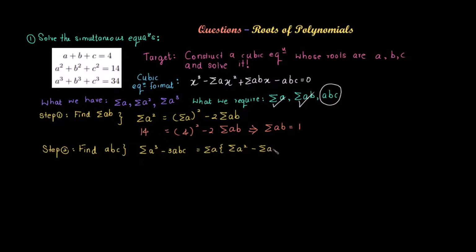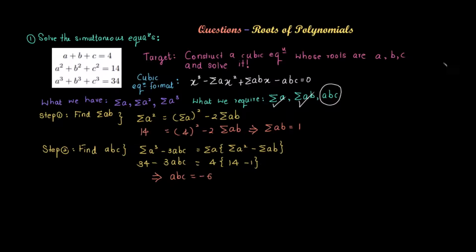So just substitute, and you can find abc. Sigma a is 4, sigma a squared is 14, and sigma ab, we found that that's 1. And make abc the subject, and you find that it's equal to minus 6.